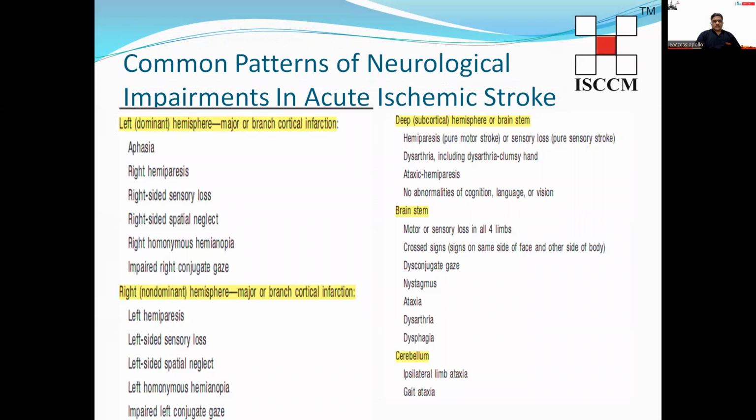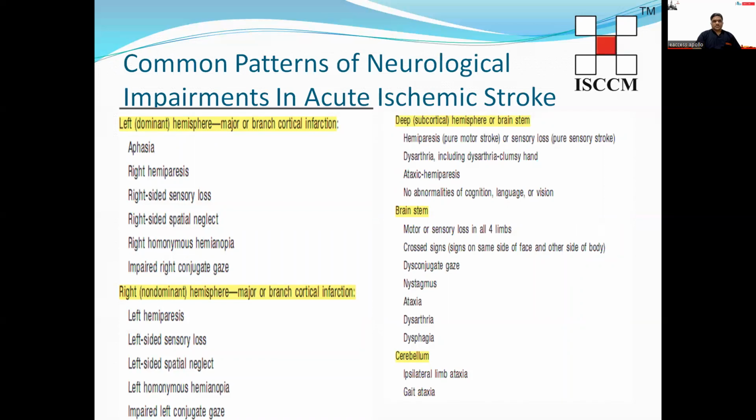A common pattern of neurological impairment in acute stroke is left dominant hemisphere or major branch cortical infarction. The most common symptoms are aphasia, right hemiparesis, right-sided sensory loss, right-sided spatial neglect, right homonymous hemianopia, and impaired right conjugate gaze.